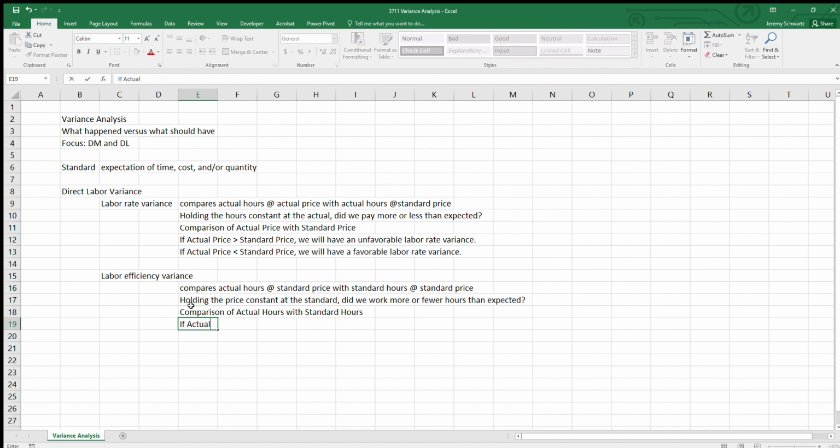So if actual hours are greater than standard hours, we will have an unfavorable labor efficiency variance.